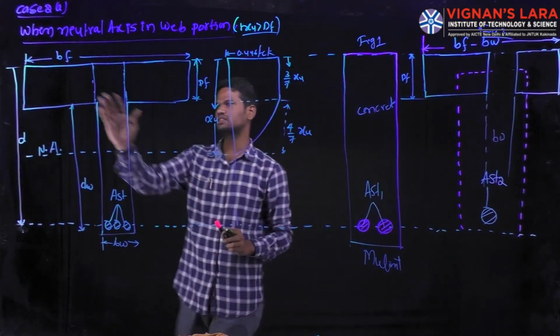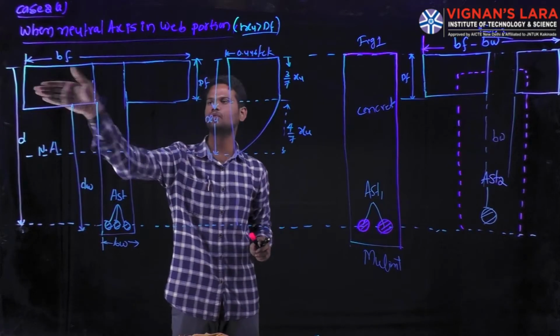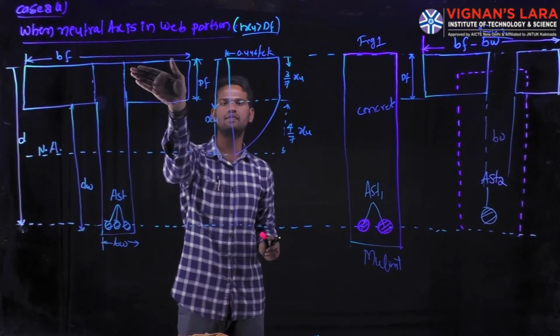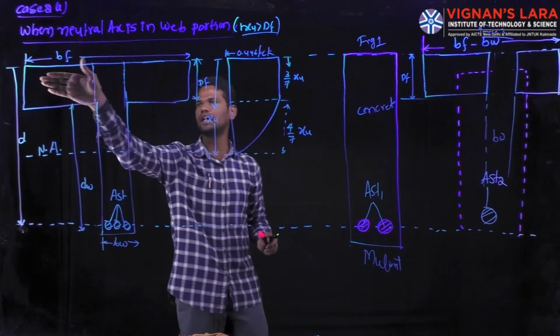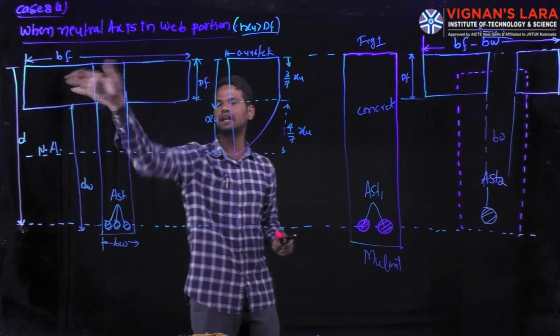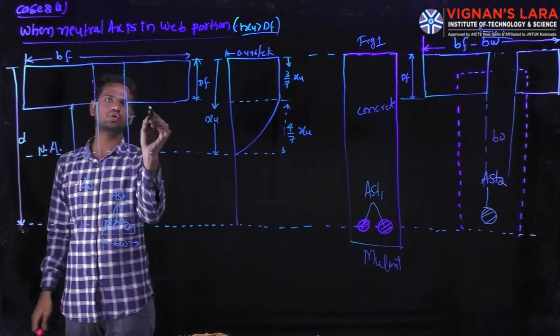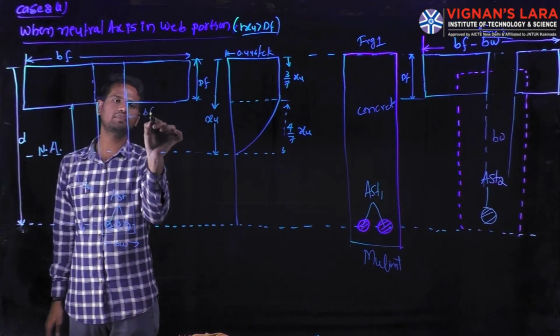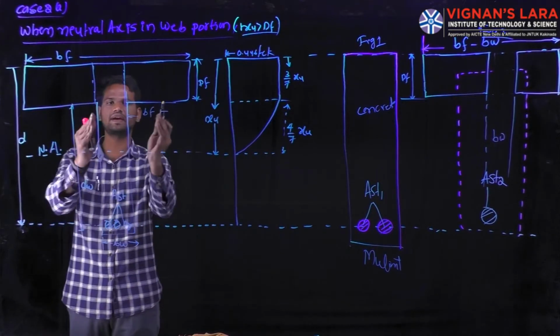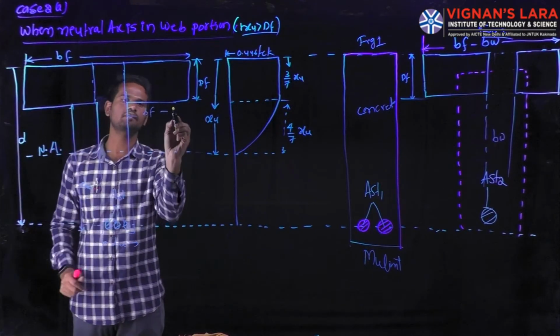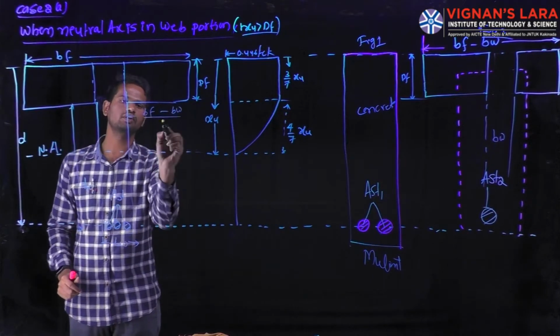In this diagram, this is one flange portion and this is the other flange portion. To calculate this flange portion, you get the total width of the flange bf minus the width of the web bw, divided by 2.